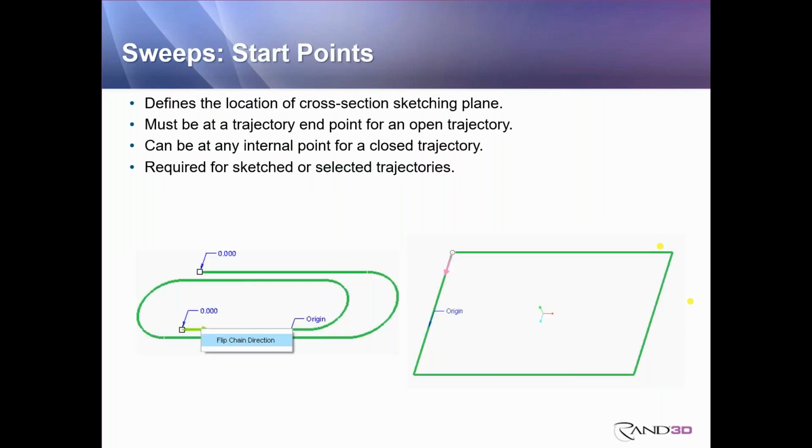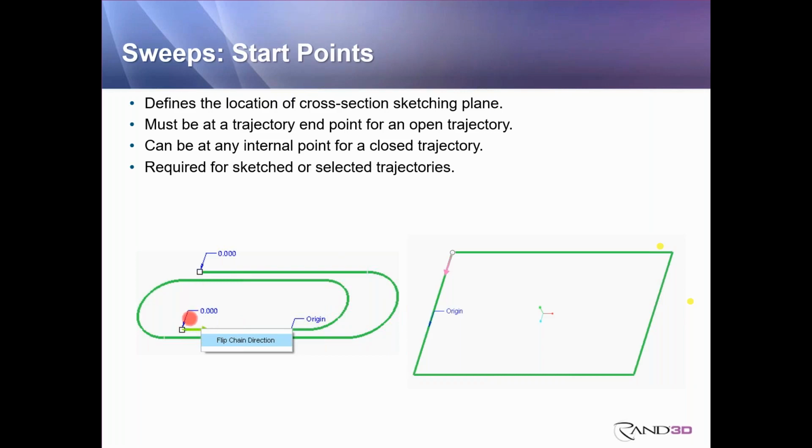Now, when you define that trajectory, one thing you do need to pay attention to is what they call the start point. The start point will come up as a circle and an arrow on your screen. Here's the start point right here in the corner, and here's the start point over here. If you've got an open trajectory, like you see here on the left, your start point has to be at one end or the other.